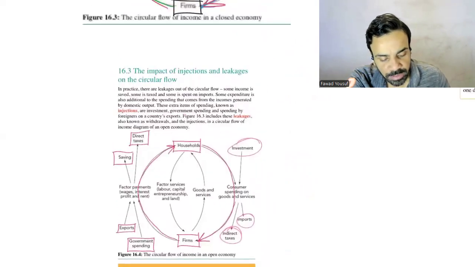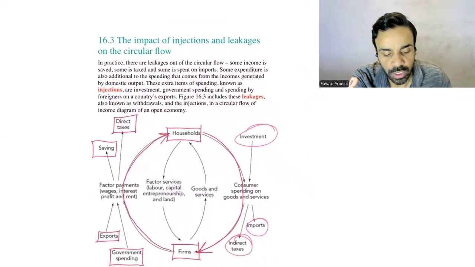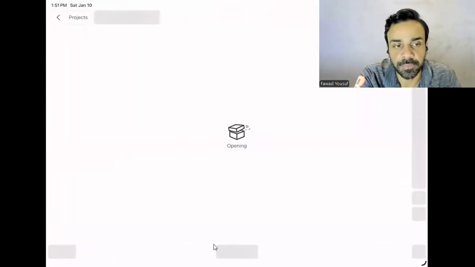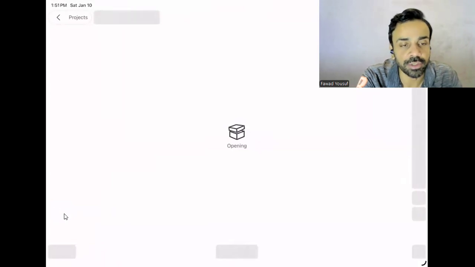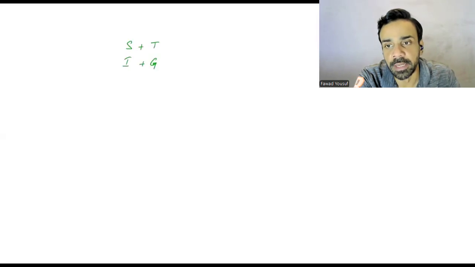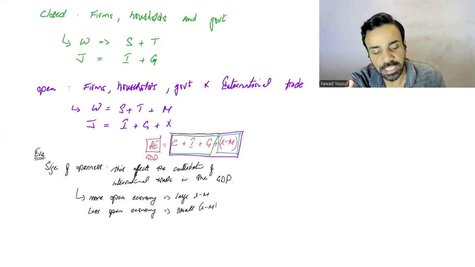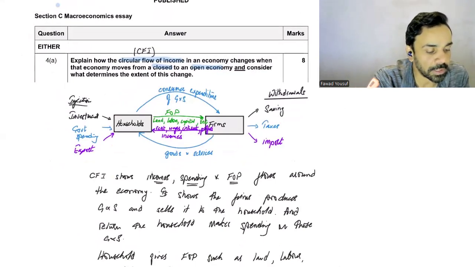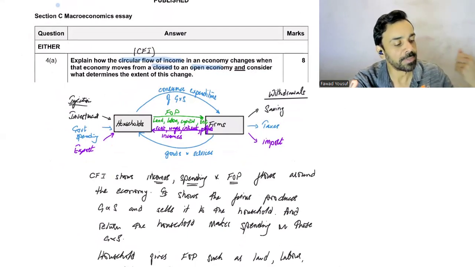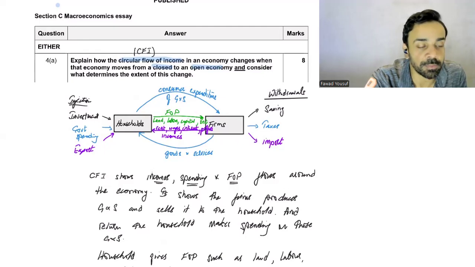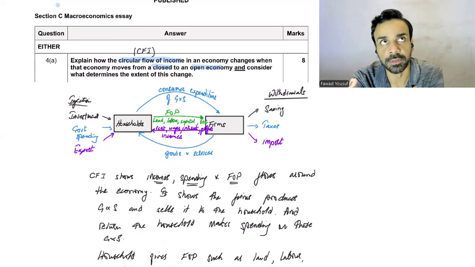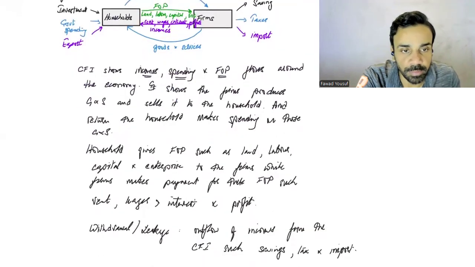If you look at even Bamford's explanation, Bamford is really not talking a lot about it. मेरे ख्याल के अंदर as far as this question goes, जब एग्जामिनर असिस्टेंट एग्जामिनर्स को बता रहा होगा कि इसको किस तरीके से मार्किंग करनी है, I'm sure what they must have suggested to the examiner is that as long as the student is explaining that injections के अंदर government spending और investments और exports the kid is writing, और imports, savings और taxes को आप withdrawal में ले रहे हो, as long as they're mentioning all of this, I think that would be perfect.